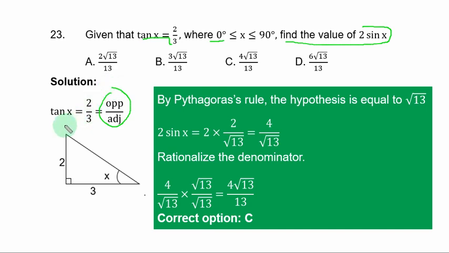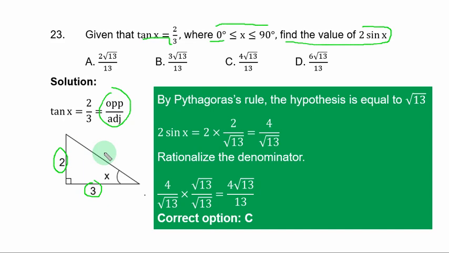So you draw a right-angle triangle. The range we have here suggests it's an acute angle. One of the angles is less than 90, and that is s. By definition of tangent, this side is the opposite, this side faces the angle, the other side is adjacent, and the longest side is the hypotenuse.